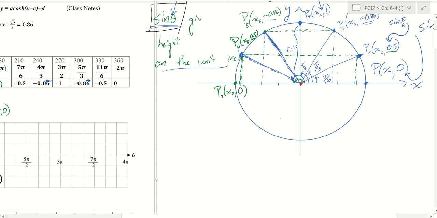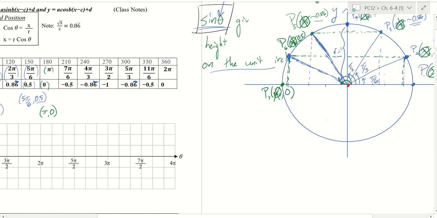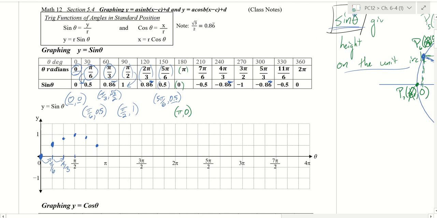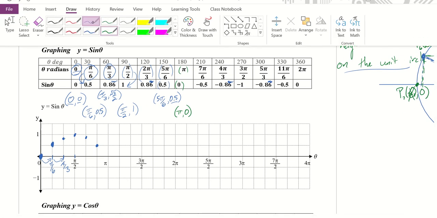Again, we're not really concerned about the x values for the points along the unit circle. Cosine, that will matter for cosine, but it won't matter for sine. All we're interested in is the heights for sine. All right, so we have this point at pi and 0.